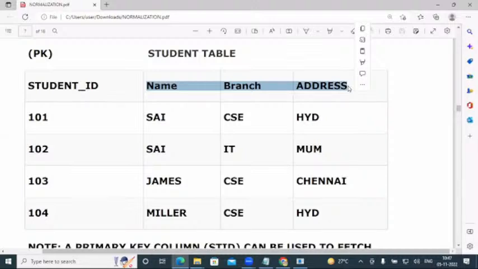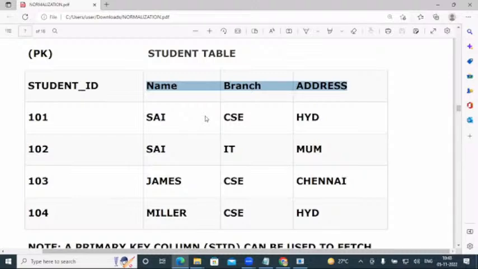When I don't have any partial dependency columns, this table is carried forward as it is. I don't want to do any modifications or changes in this table. As it is, you can send it to the next level.